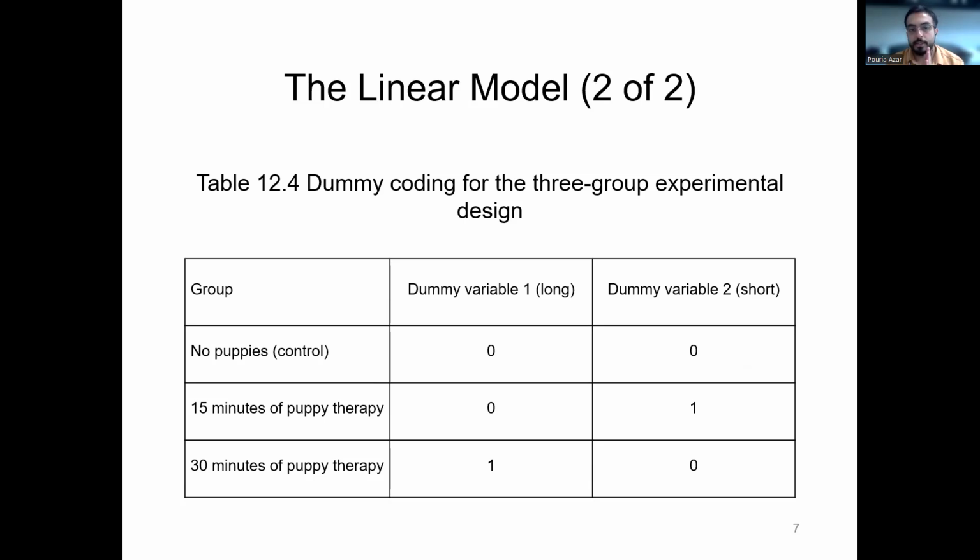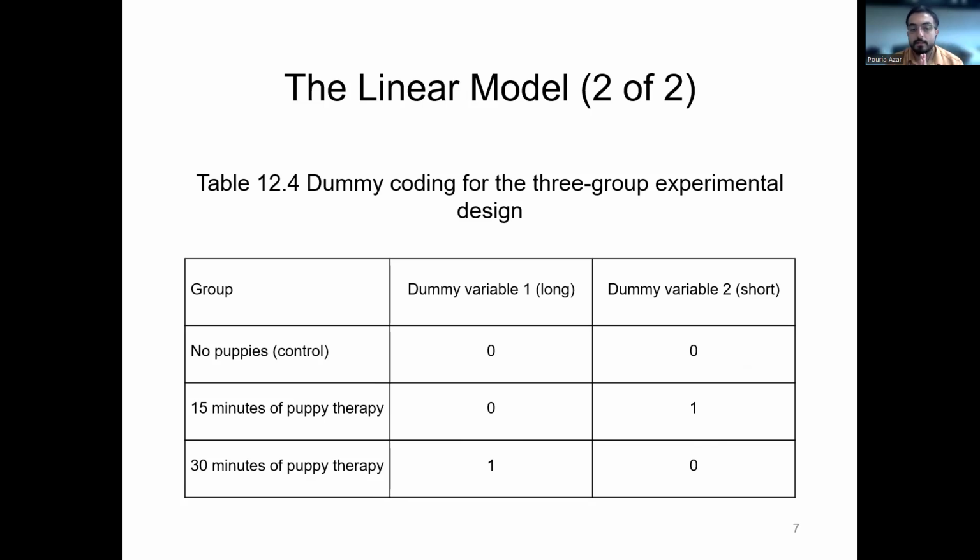So we can create two dummy variables in order to put them in our regression model. Dummy variable 1 is long and dummy variable 2 is short, and 0 for both variables indicates control, which means no puppies. So dummy variable 1 is long, or 30 minutes contact with puppies.